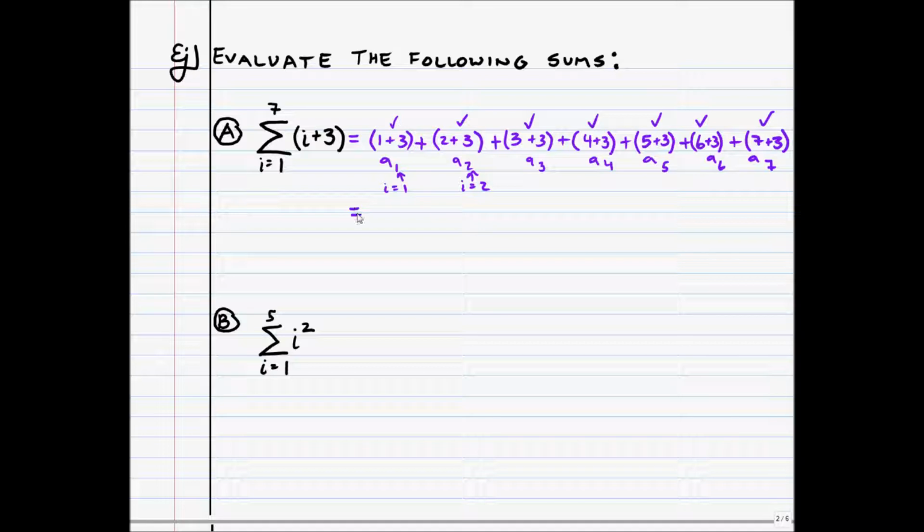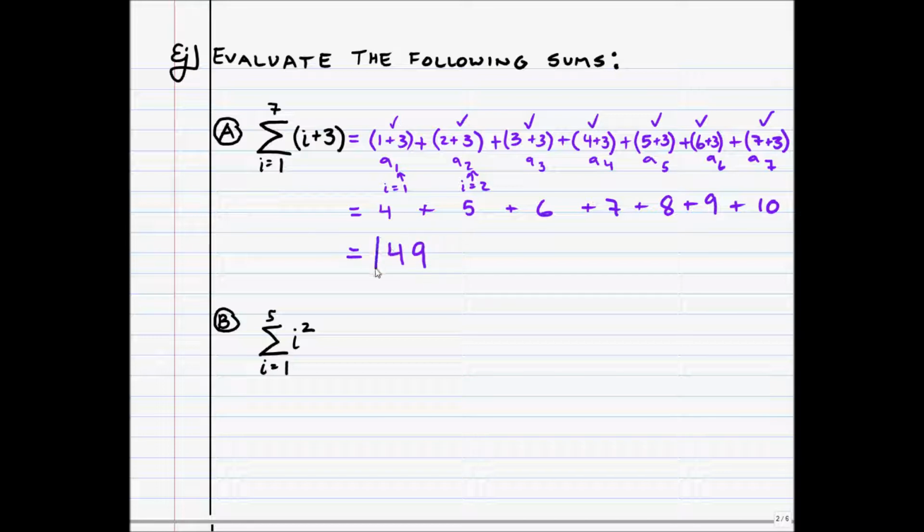That's not quite as important, but obviously we get 4 plus 5 plus 6 plus 7 plus 8 plus 9 plus 10. And of course, we all know that that is going to add up to 49.